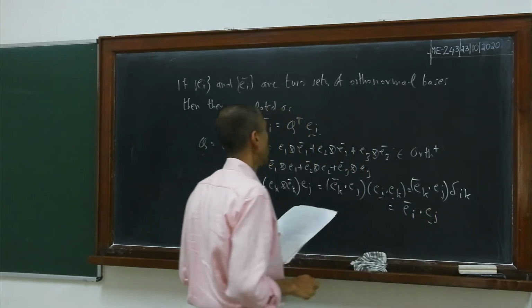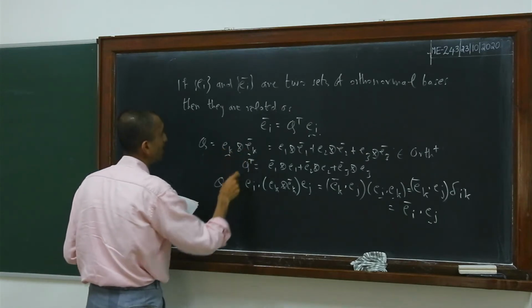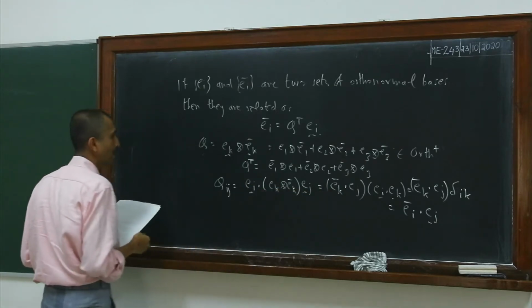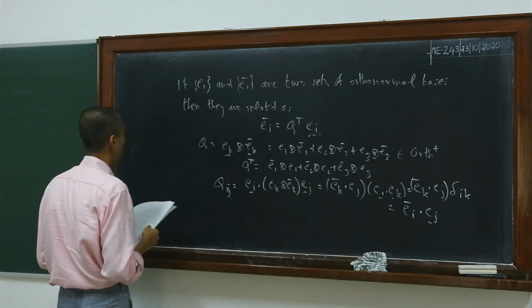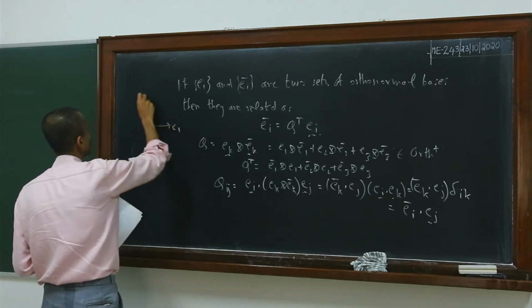So you get that the components of this particular tensor with respect to the Ei basis is Ei bar dot Ej.